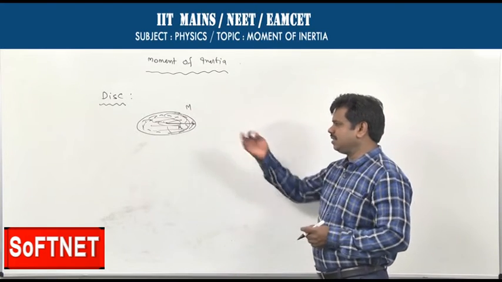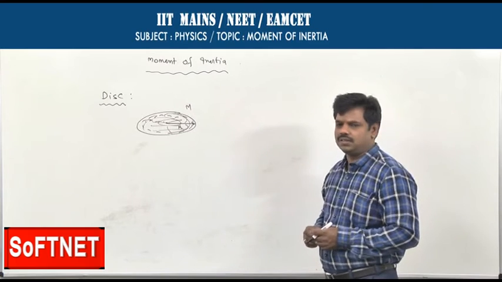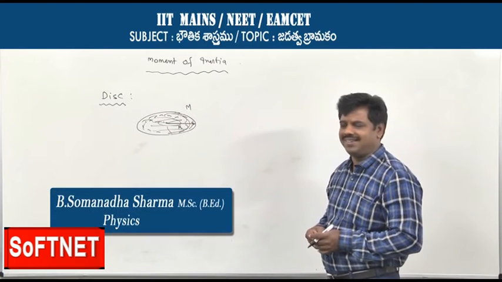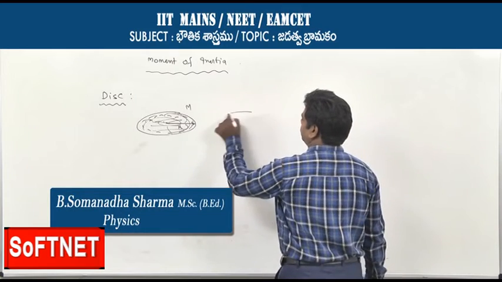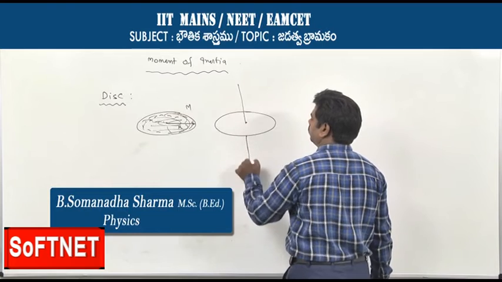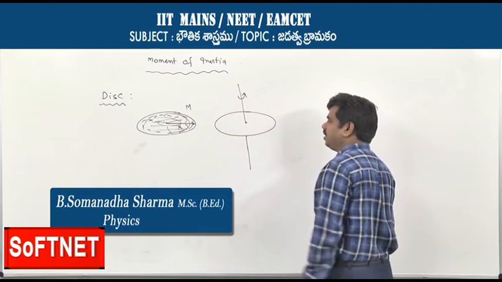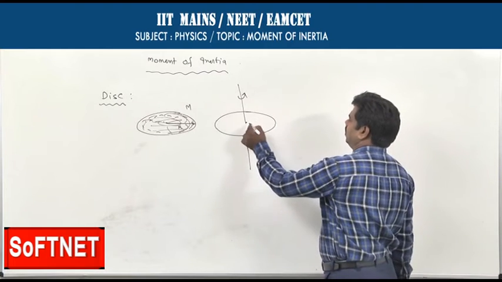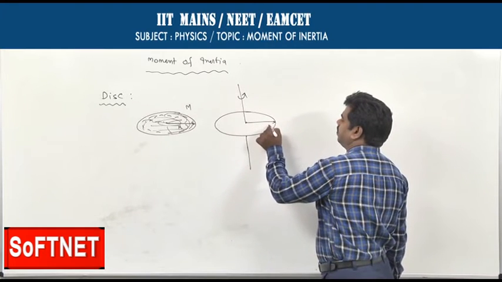Simple. The axis is passing through the center of mass and also perpendicular to the plane of the disk, like this. About this axis we are going to find it. And the radius is equal to capital R.